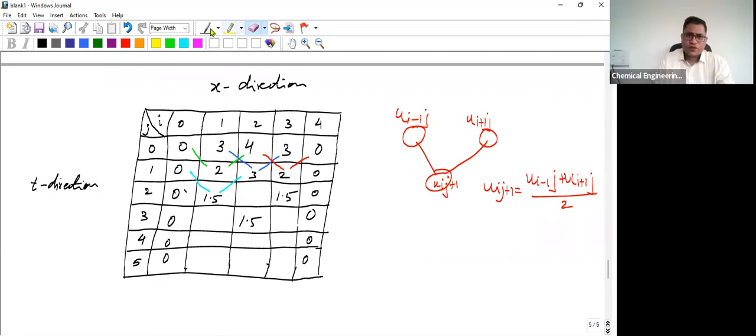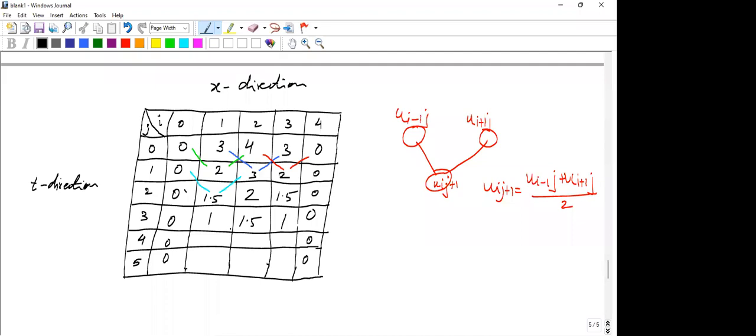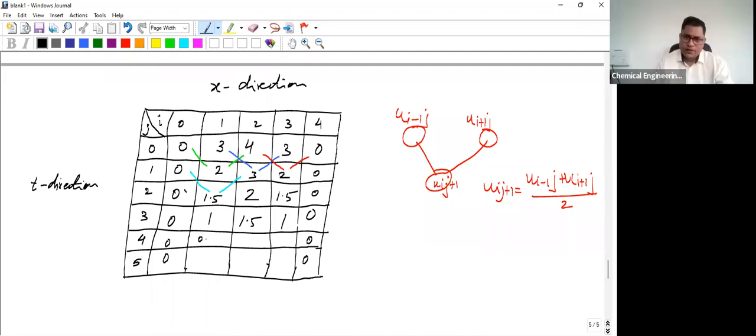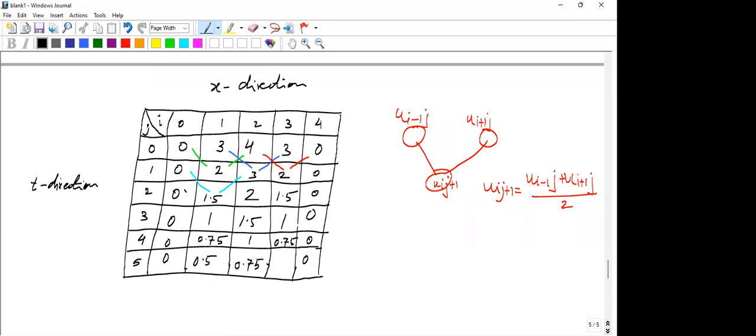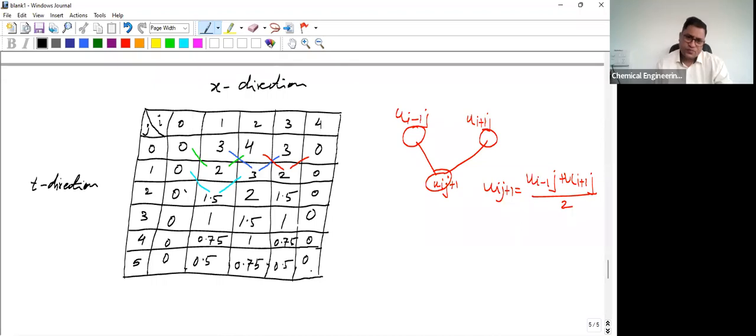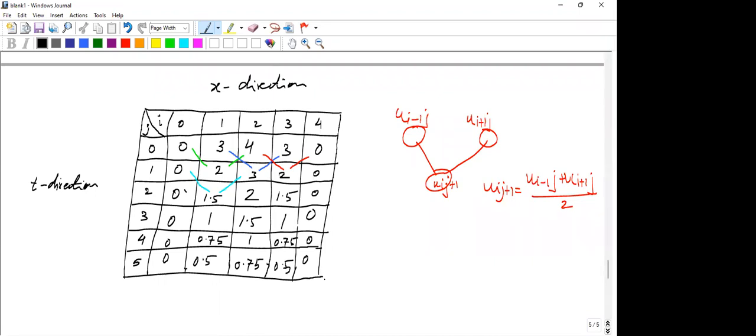Okay, so this is 2, so it will be 1 here. Now what we can have: this will be 0.75, this will be 0.75, and this will be 1. And this value will be 0.5. This is 0.75, and this is 0.5. Is that okay? Are you getting this? Yes, sir.